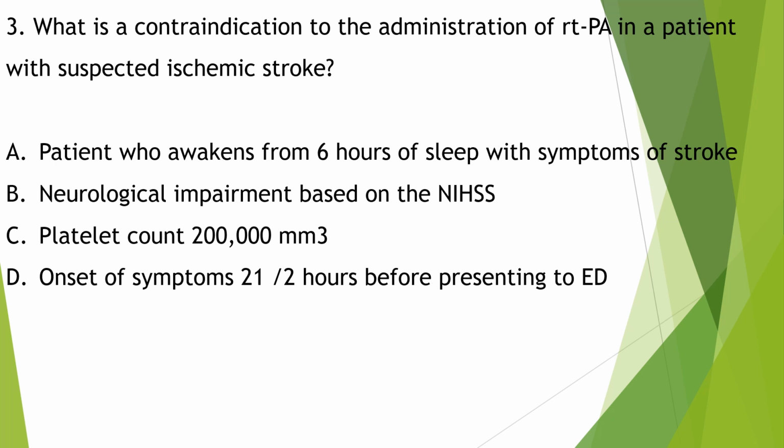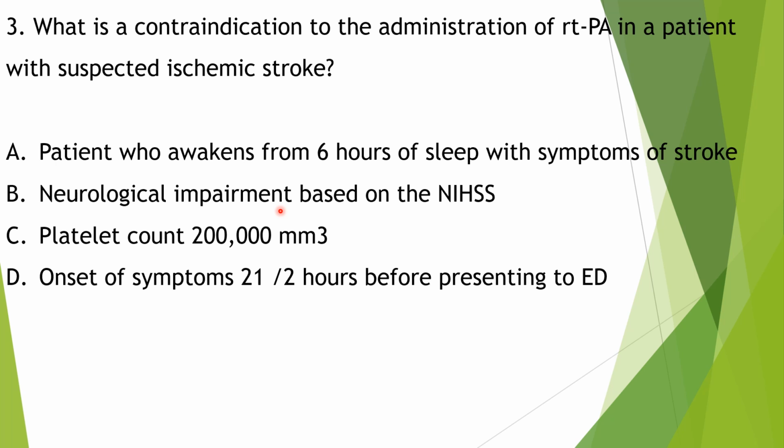So here, you need to know the inclusion criteria for administration of a tissue plasminogen activator. The inclusion criteria, or the indications where we need to give, are a measurable neurological deficit using the National Institute of Health Stroke Scale. So measurable means it's an inclusion criterion.